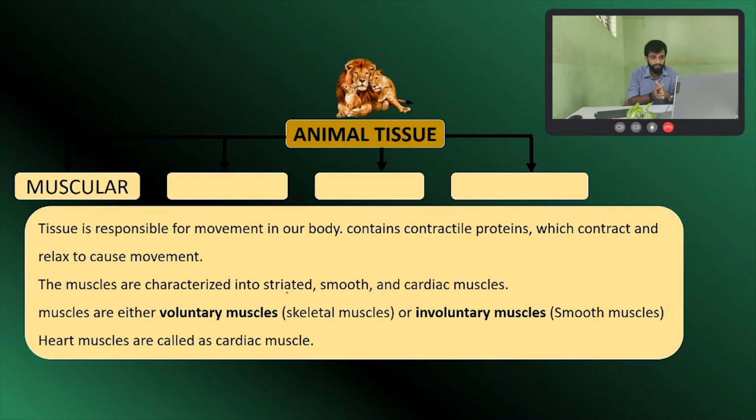So remember that. Heart muscles are also called cardiac muscle. Again, something to remember. Sometimes on TV, or when you're reading a newspaper, they might say someone got a cardiac arrest, and it can be confusing at times.